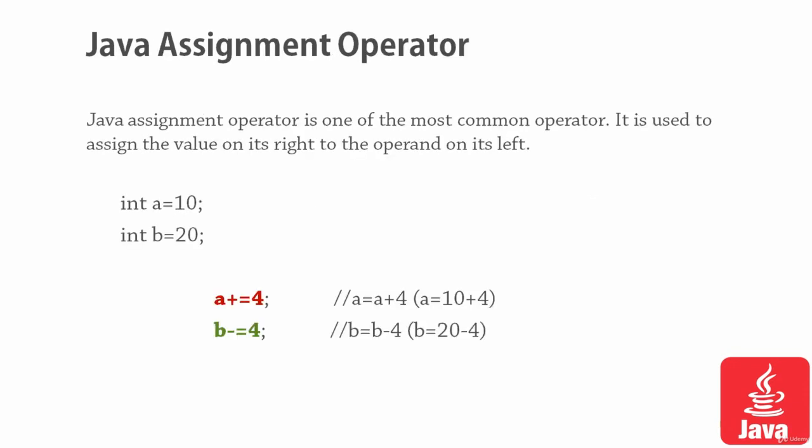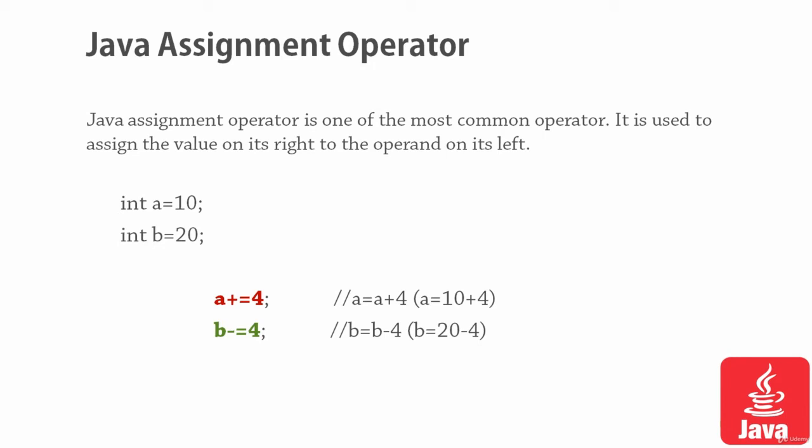Similarly, we have the assignment operator where we can assign a value to the left one. The equals symbol, plus equals, minus equals are all assignment operators. If you want to assign a value 10 to a variable called a, it will be written as a equals 10. So the rightward value is assigned or stored in the leftward variable.